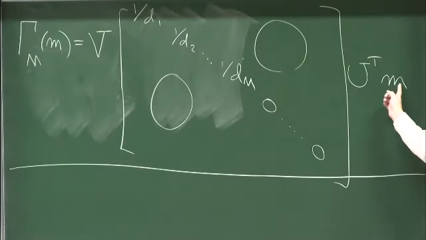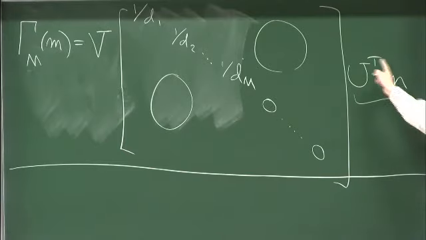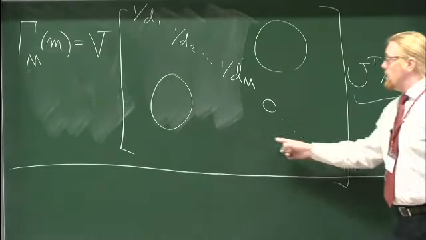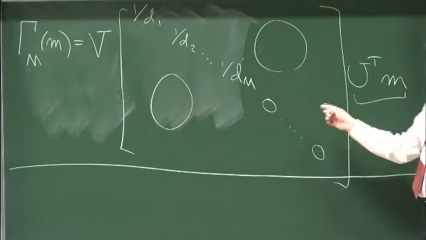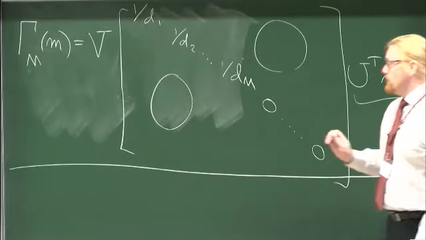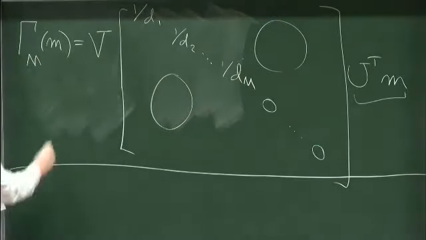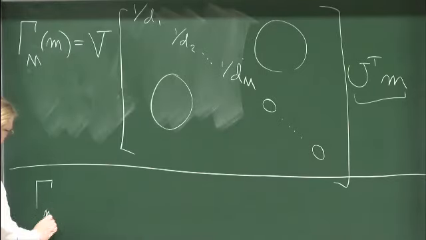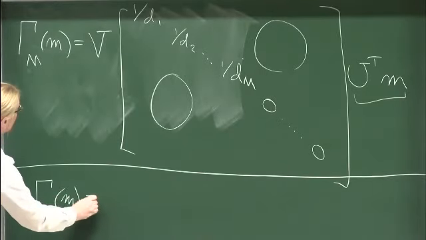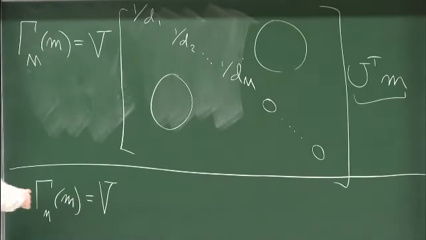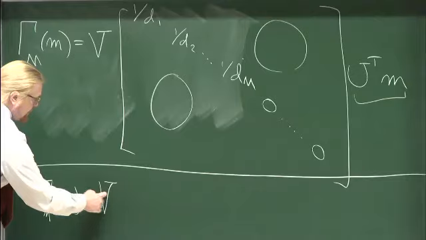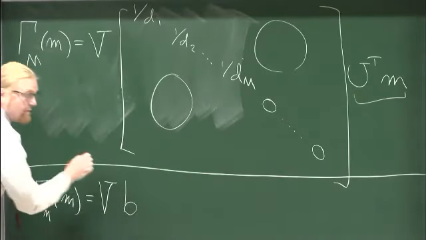Notice, this is just a vector in R^k, which is multiplied by a diagonal matrix, so again the result is just a vector in R^k. We see that this is actually the matrix V multiplying some vector b.